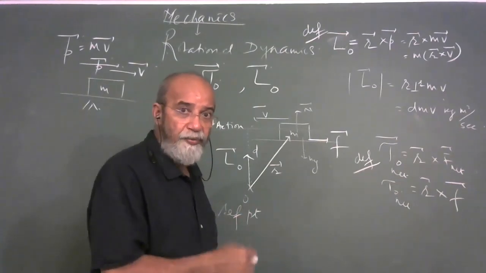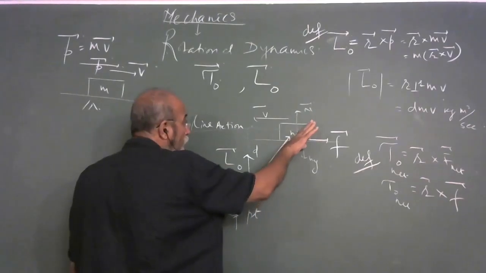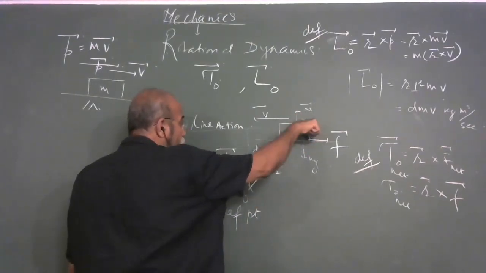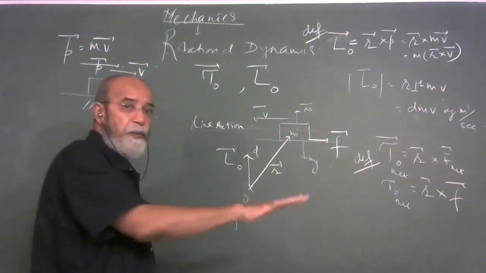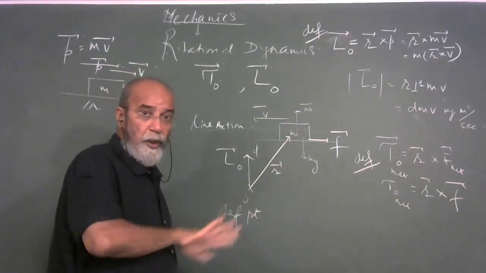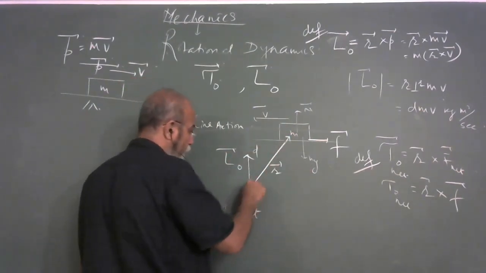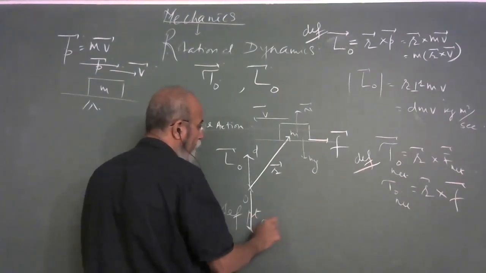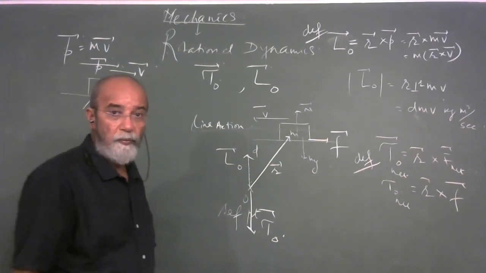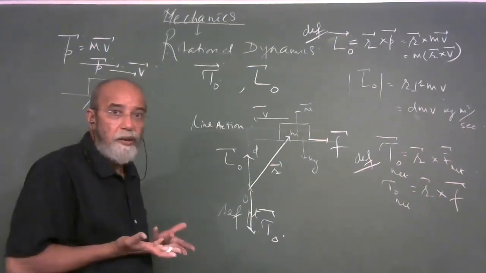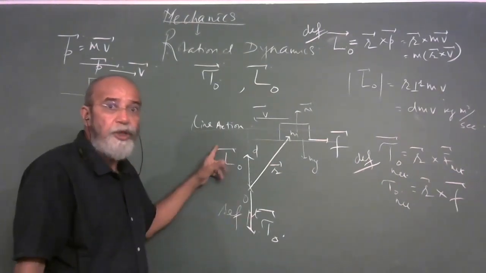R cross F. If this is in this plane, R cross F means down. It has to be in the opposite direction of the motion vector.